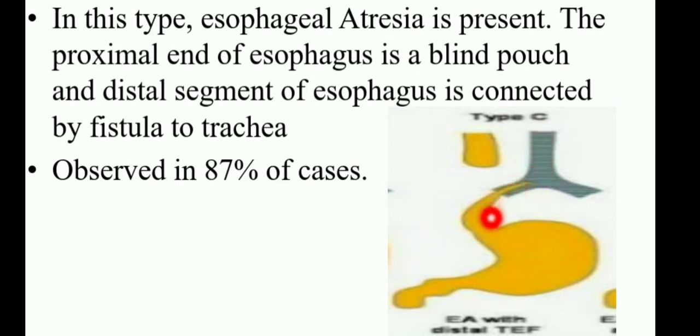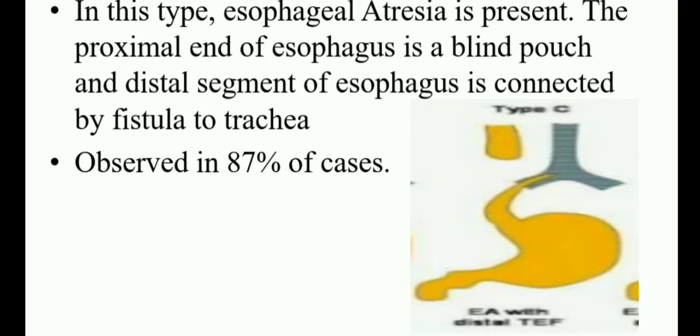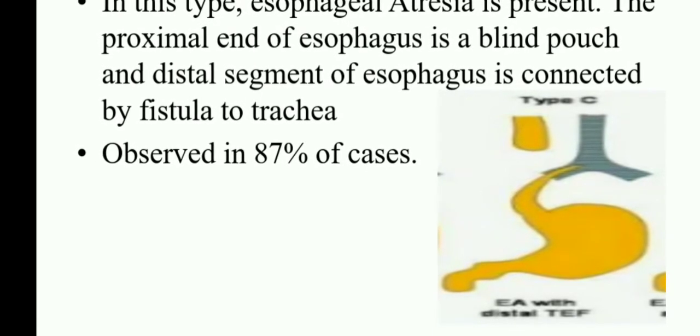What happens in this condition? The trachea is the windpipe. Whatever air we take in may enter the trachea and also enter the stomach. The prominent clinical feature we identify is abdominal distension.